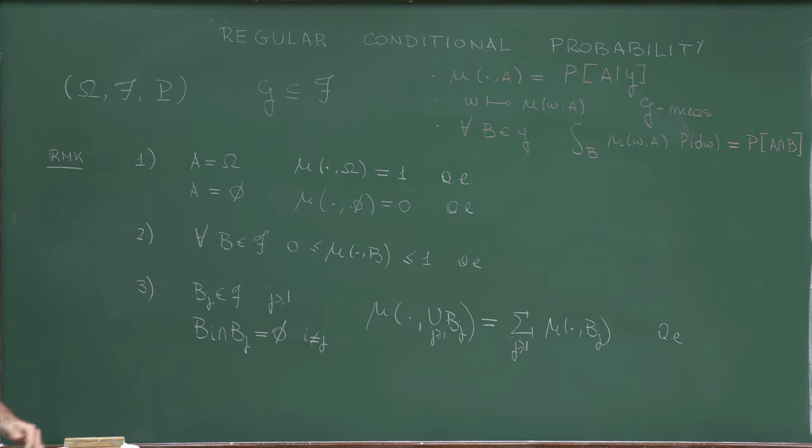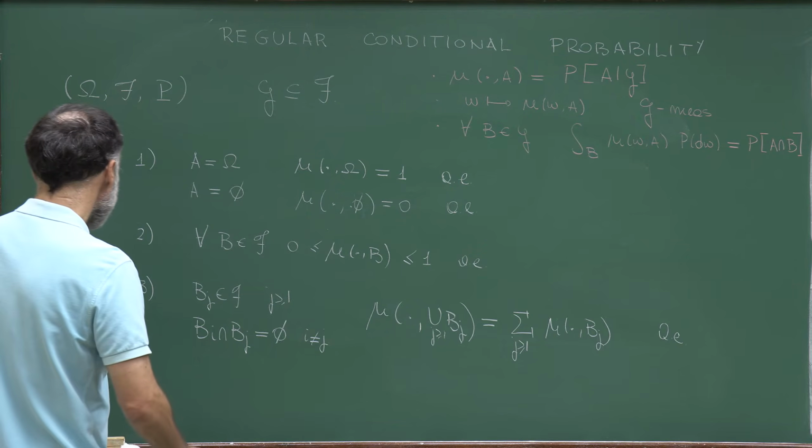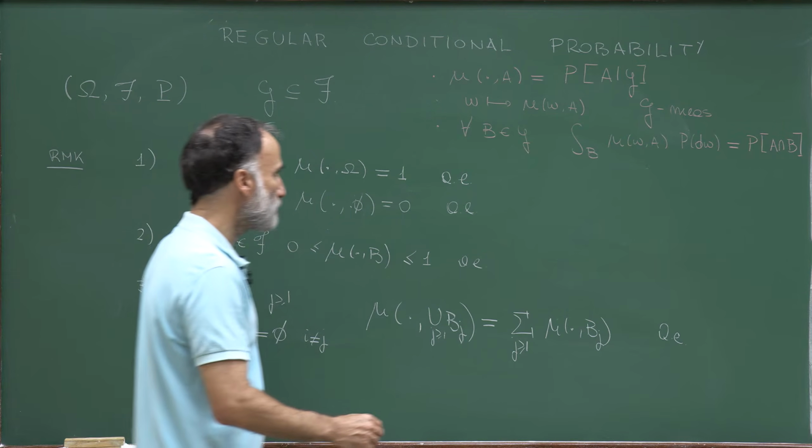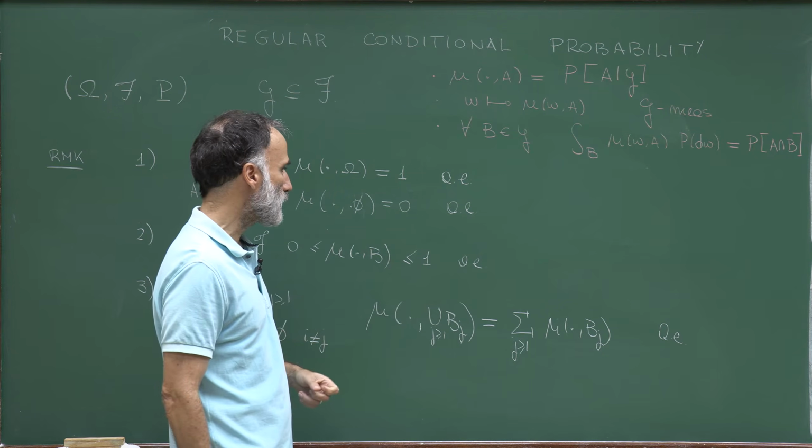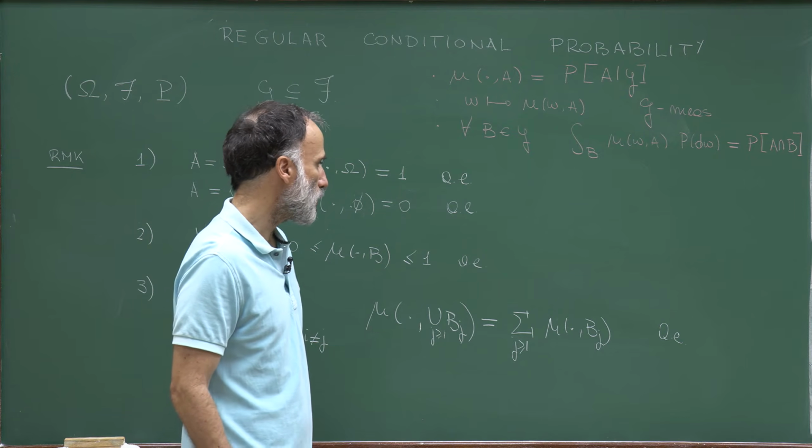I leave it to you to check these three properties. My observation is that whenever I say that some identity or inequality is true almost everywhere, this means there exists a set N. Let's write down what it means for this identity to hold almost everywhere.